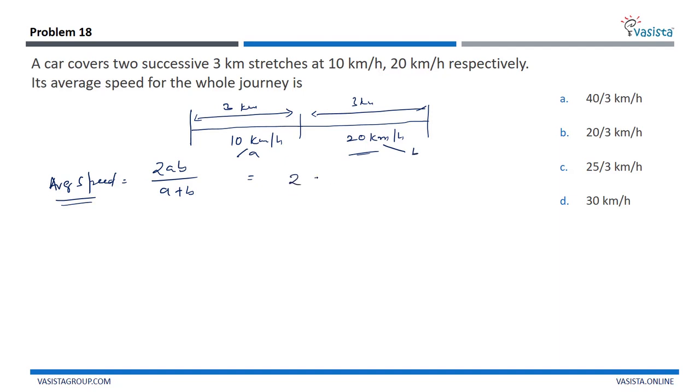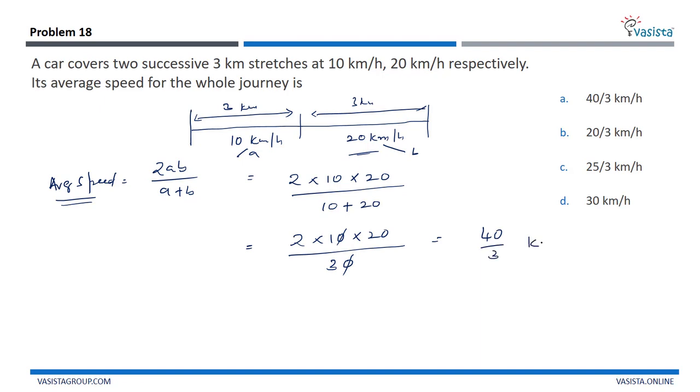This is 2 into 10 into 20, that divided by 10 plus 20, which is nothing but 2 into 10 into 20, that divided by 30. Now simplify this, it will cancel, and what happens? 2 twos are 40 by 3. That is the average speed of the car. The answer is A.